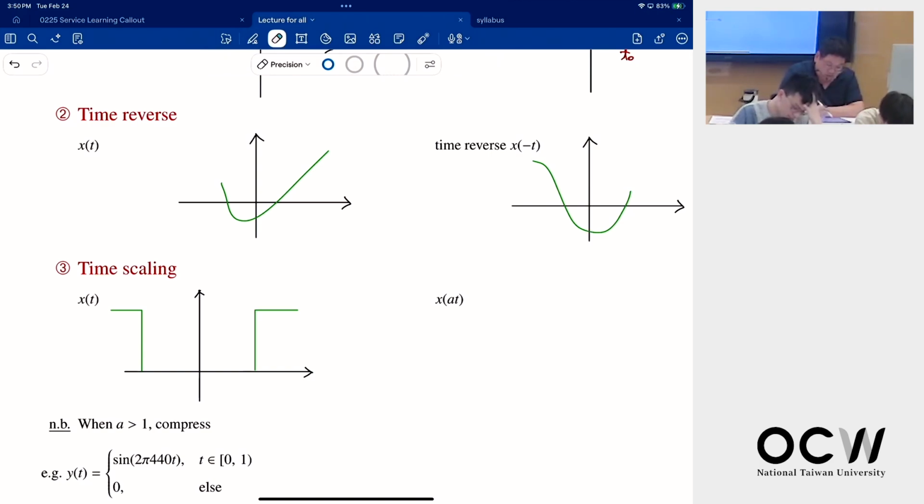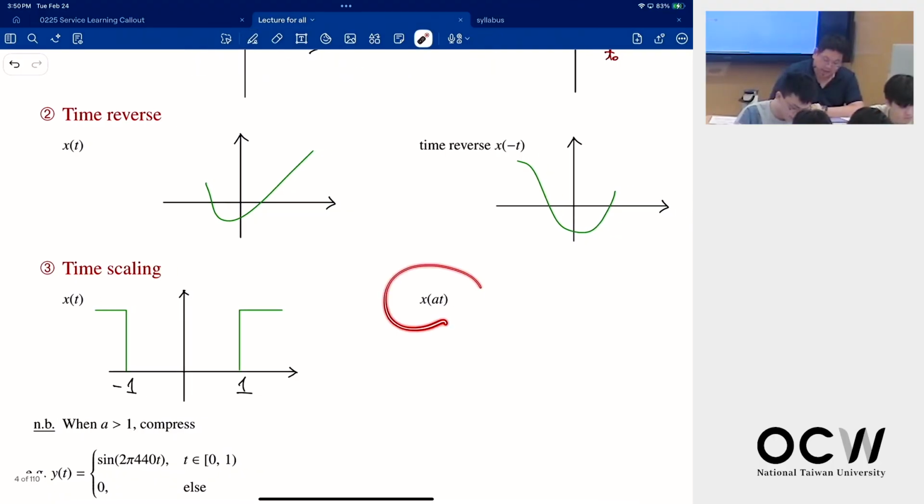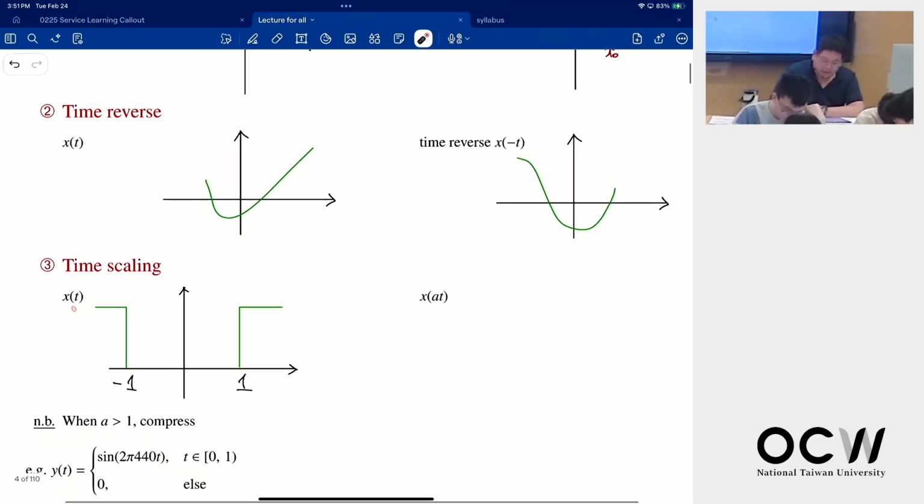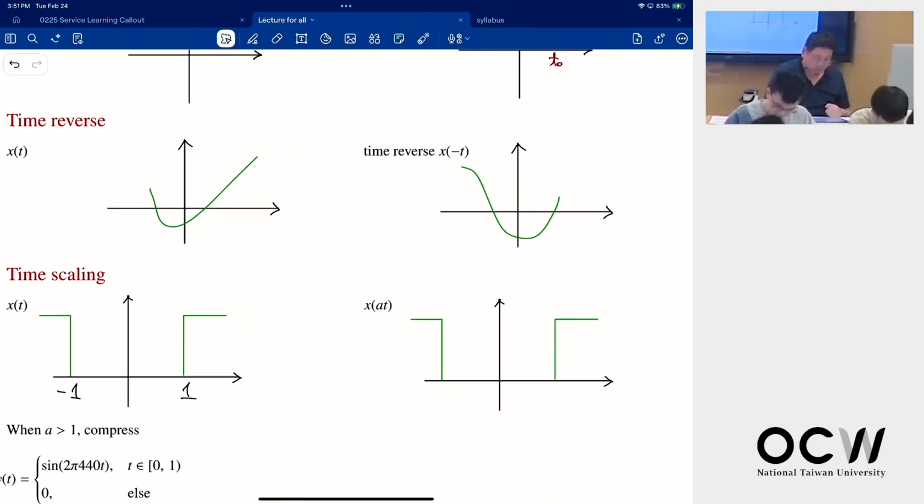So here is -1 and 1. So what is x of at? Rather than t, now I have at. So it's kind of like changing variables.